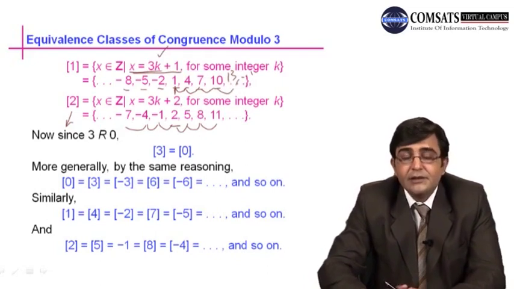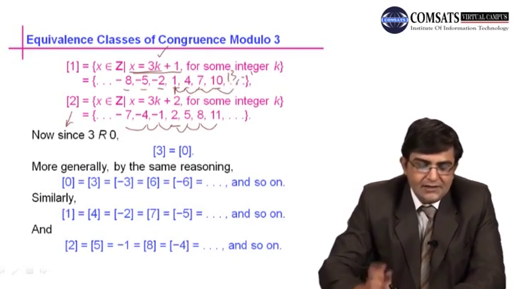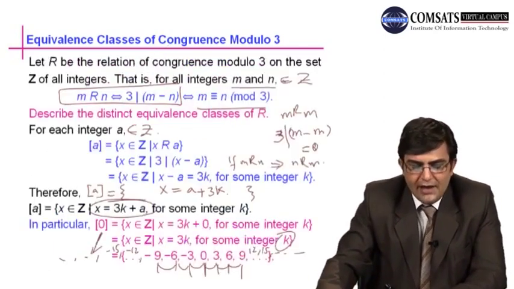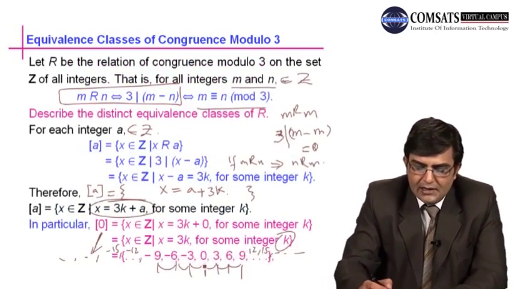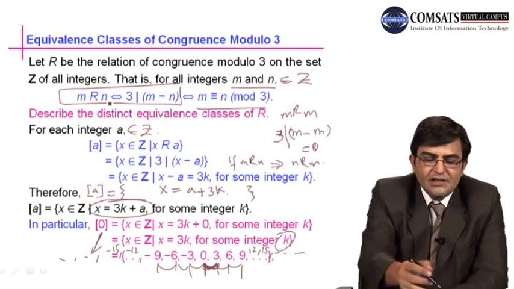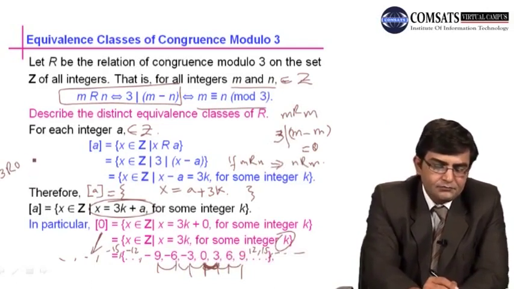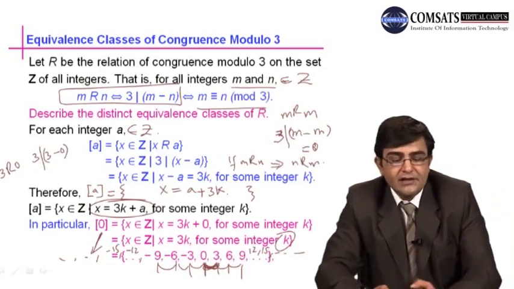And for 3, how can we calculate the equivalence class of 3? Since 3 is related to 0, as 3 and 0 are in the same class, we can check here that 3 is related to 0 because 3 divides 3 minus 0.